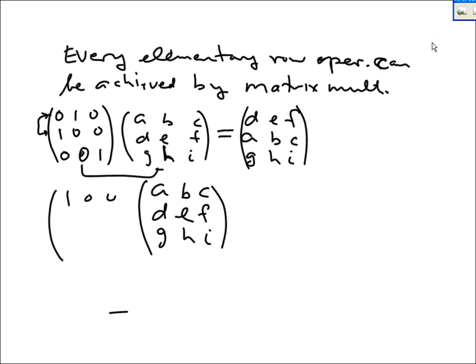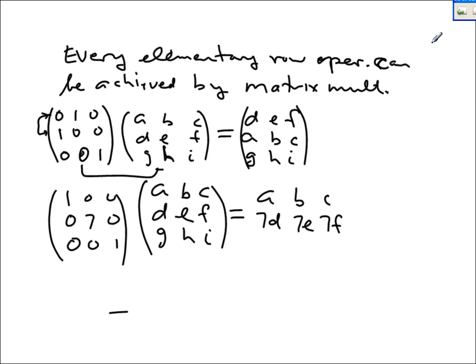One zero zero, zero seven zero, zero zero one. This will give me the first row with no change. The second row gets multiplied by 7. If you wanted to multiply by 17 instead, put a 17 on the diagonal entry in row 2.